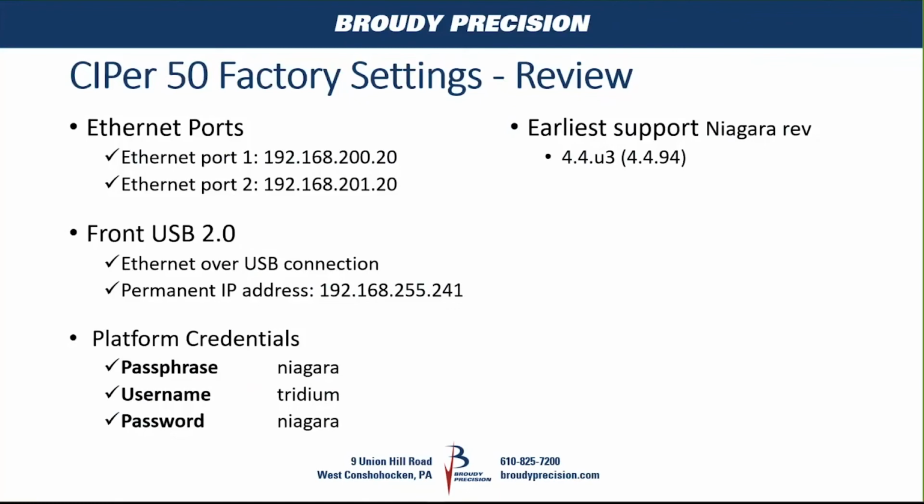When you plug in with a USB 2 type of cable into the front of that, you are assigned an IP address on your PC, and you're connecting to the CIPer 50 at 192.168.255.241.